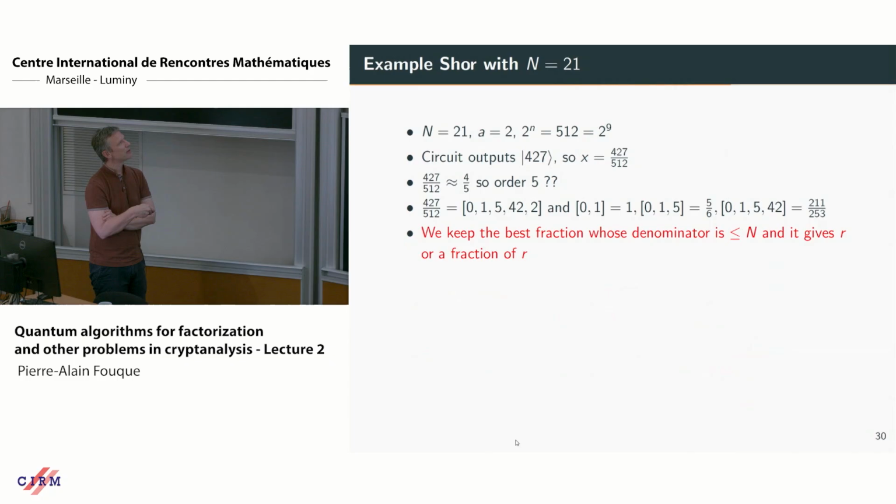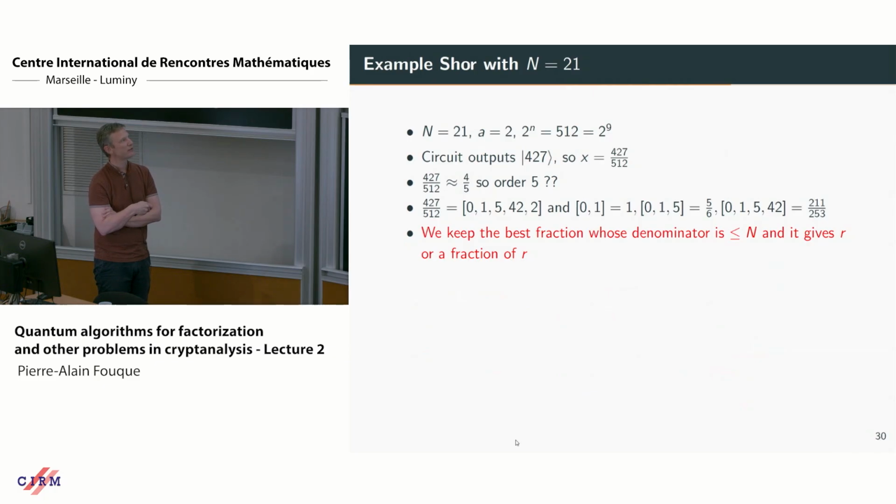And since we know that the order we are looking for is smaller than n, and n is 21, we know that we are looking for a value that is smaller than 21. And here you see that the value we have in the denominator is larger than 21.